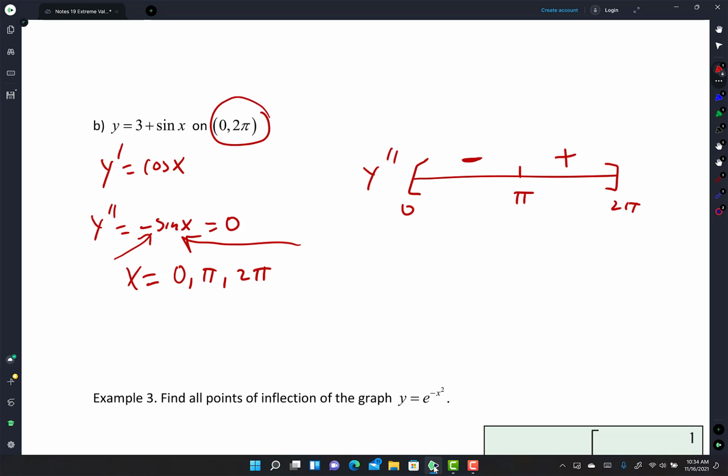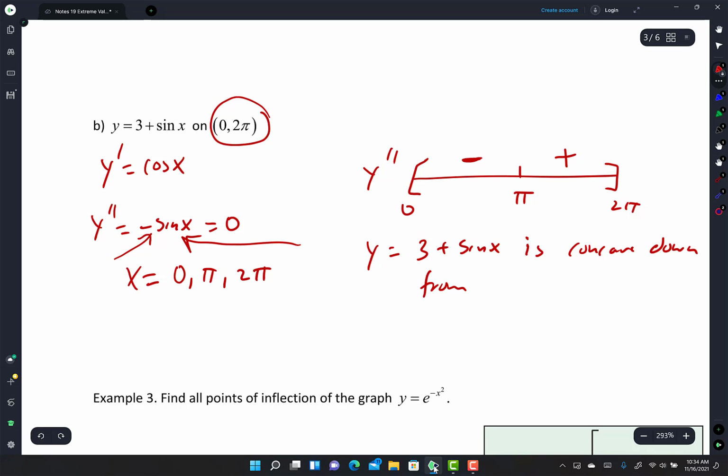So y equals 3 plus sine x is concave down from 0 to pi and concave up from pi to 2 pi.